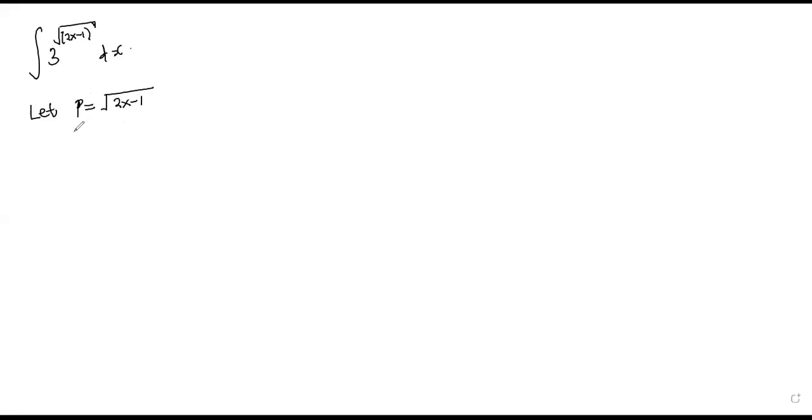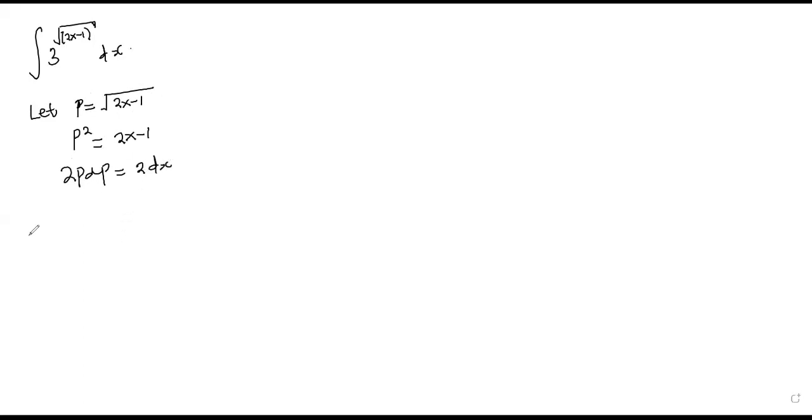When you square either side, you're going to have p squared is equal to 2x minus 1. The root will go. Differentiate both sides, you'll get 2p dp is going to be equal to 2 dx.